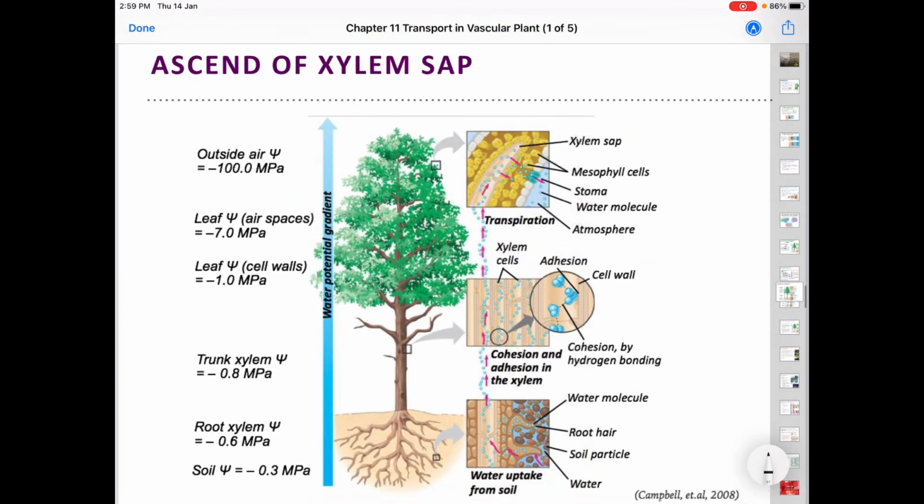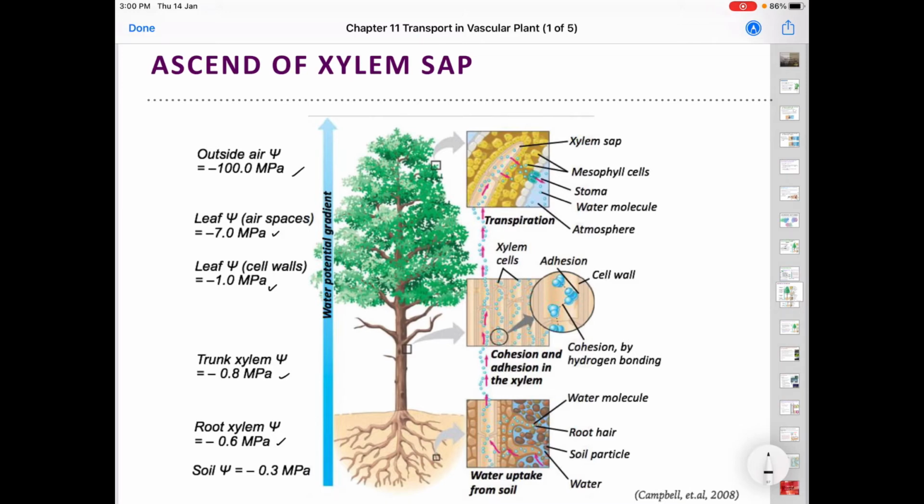Okay, this is another image of the process of ascending of water in xylem sap. If you can see, the negative pressure here is increasing.